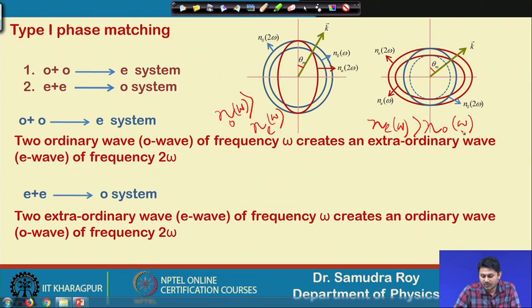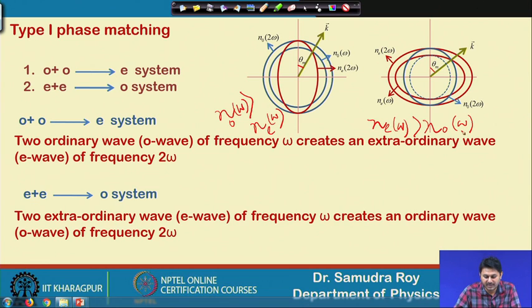When these two conditions are there, we have two different kinds of systems, but in both cases we generate the second harmonic wave, and we are also able to find the angle at which this is possible, and it falls under type 1 phase matching.